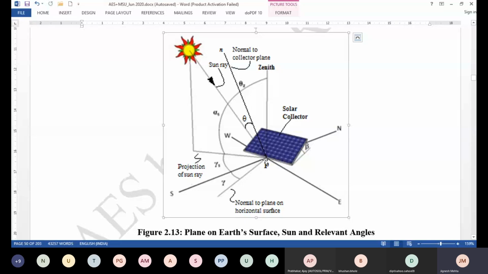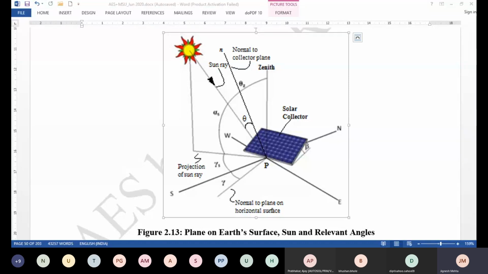So this collector is slightly rotated towards the east direction. Okay. And this angle gamma is positive, and it has a finite value. Let's say it is equal to 25 degrees. Okay, so that's about this angle gamma, that is the surface azimuth angle, that basically shows the direction the surface is facing.